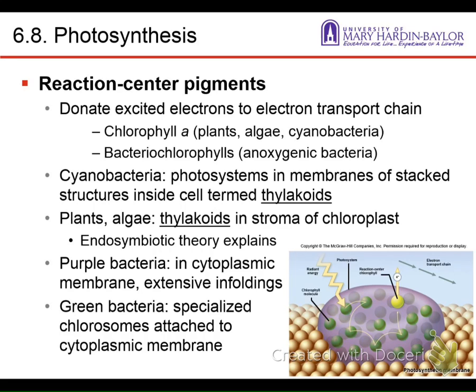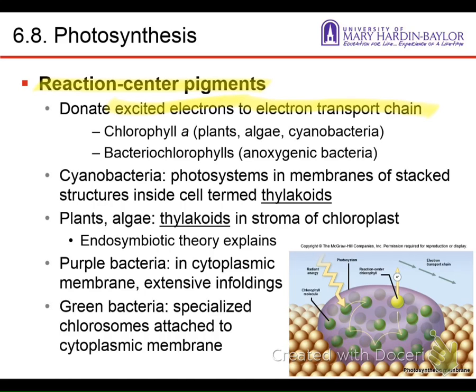So we're talking about photosynthesis, and if you look back at the previous figure, that table, it talks about photosystem 1, photosystem 2, and inside of those photosystems are reaction center pigments. Pigments that are down inside it, and these are areas inside of the cell where these pigments have come together to do their job. And these guys donate electrons into the electron transport chain.